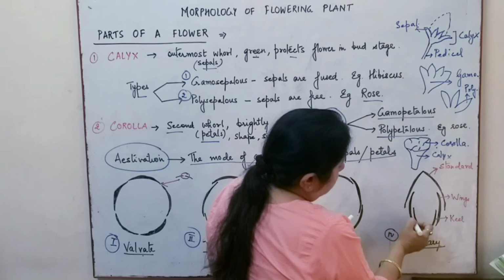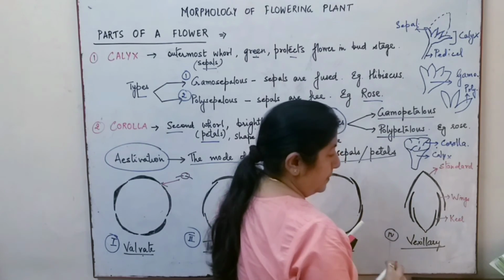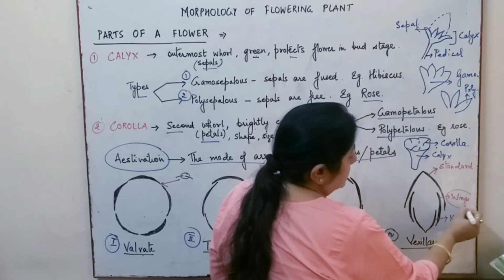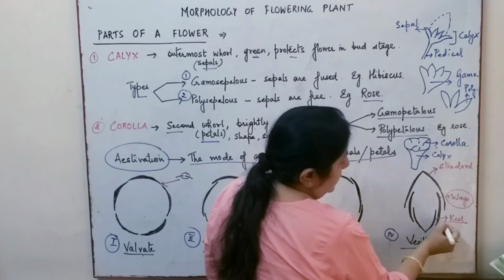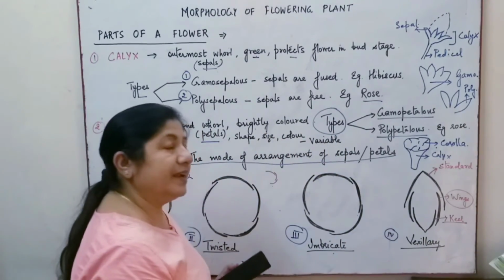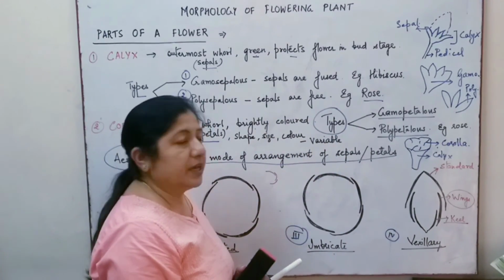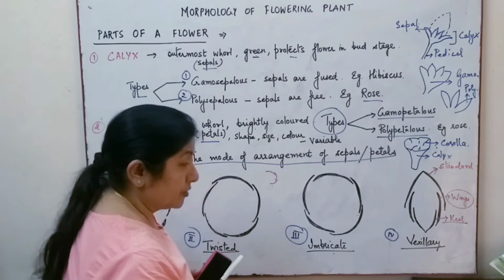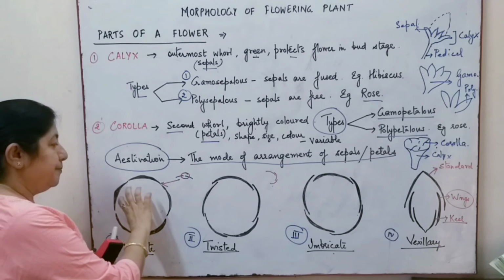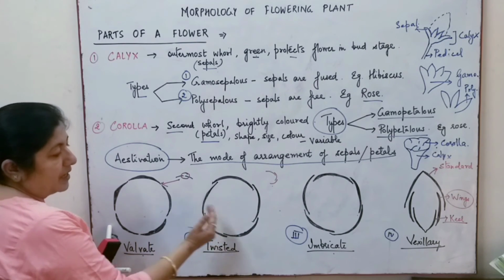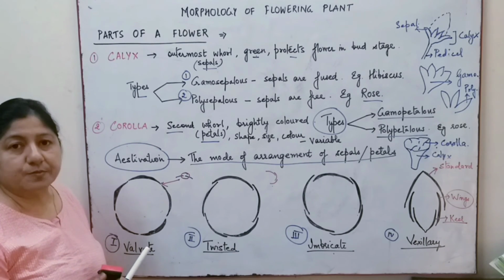Inside it are two other petals that are known as wings, and the third inner one which is showing is known as the keel. We find this type of aestivation in the pea plant or the pea flower. So here we observe that the petals and sepals can be arranged in four different types majorly.